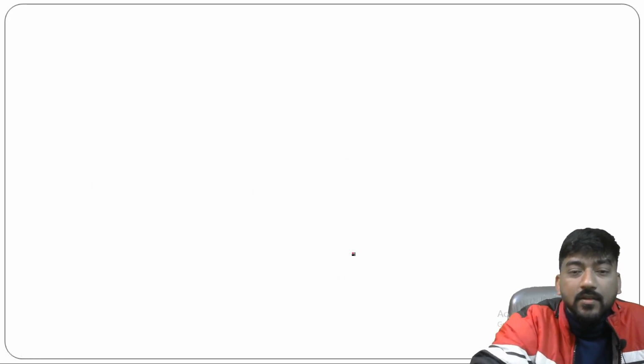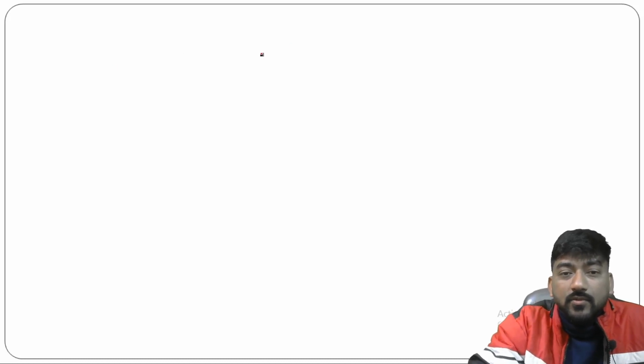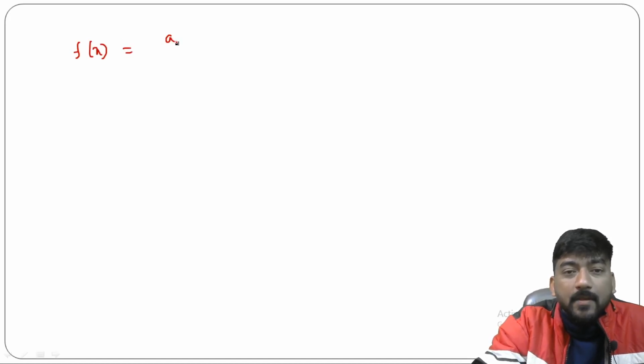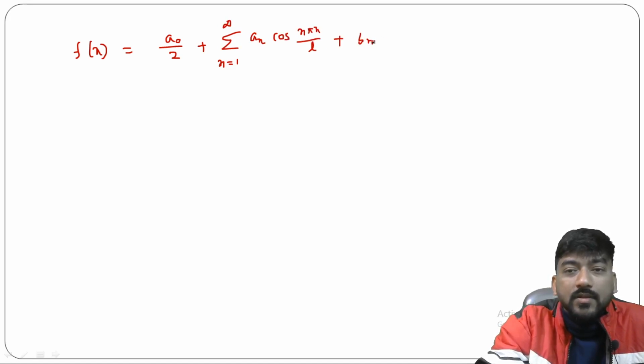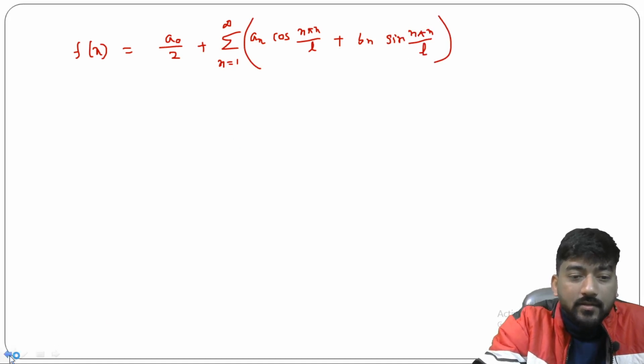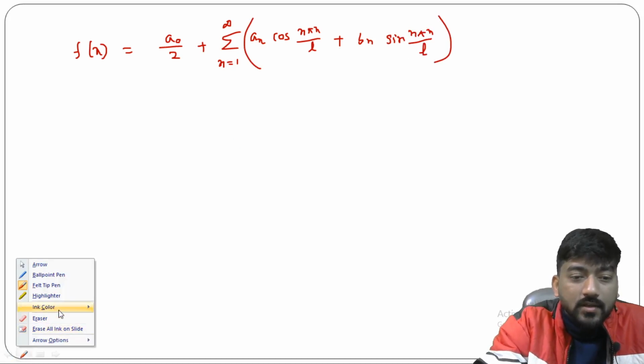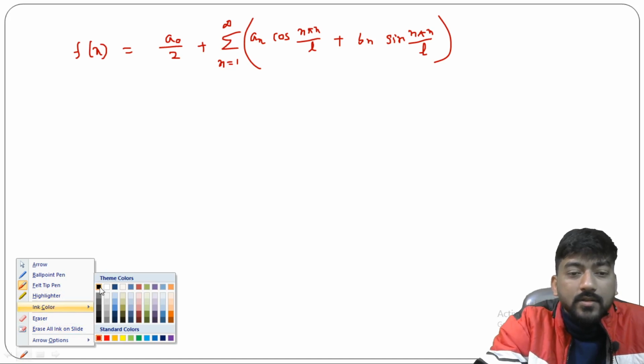Suppose we have the Fourier series f of x is equal to a0 by 2 plus summation n is equal to 1 to infinity of an cos(n pi x by L) plus bn sin(n pi x by L). So this is our Fourier series where an, bn and a0 are constants, and the coefficients are something like this.